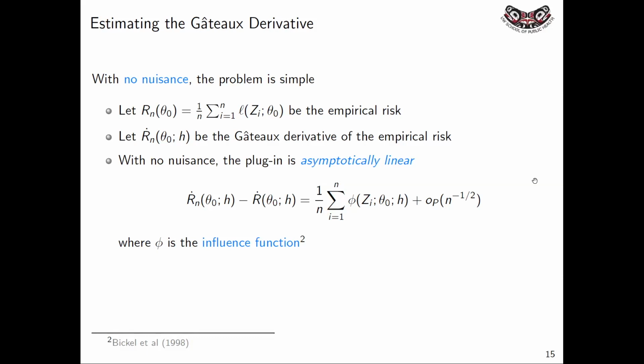What would I gain by thinking about the Gateau derivative instead, and restricting the Gateau derivative to be in some functional class? You could also restrict the basis expansion to some number of terms and test those parameters. What I said in response was that that's absolutely valid. The challenge is how far do you go in your basis expansion, and that becomes the problem. It's hard to tune, but otherwise that's a totally valid approach.